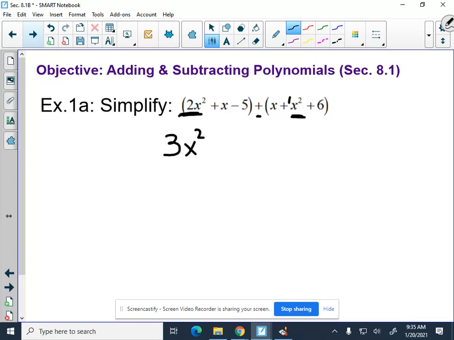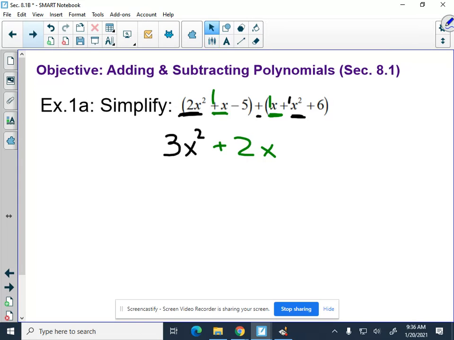So you went 2 cats plus 1 cat, you now have 3 cats. Am I making sense? Now we look at the next one, and there's a 1x here and a 1x here. Well, we have one dog and one dog, so we have 2 dogs, but the power didn't change. We just added the numbers. Okay, everybody doing this one?